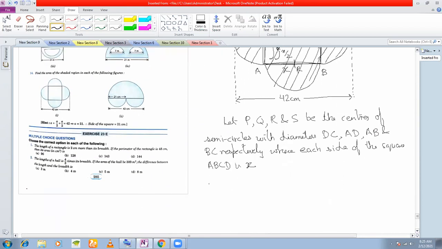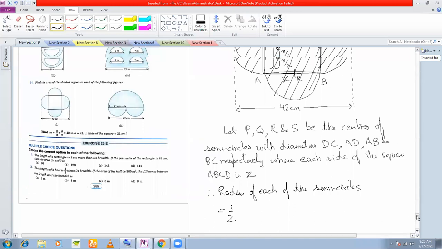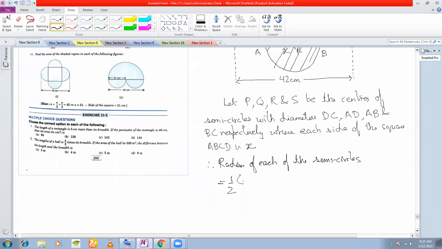So the radius of each of the semicircles is equal to half of each side of the square, right? And what is each side of the square?